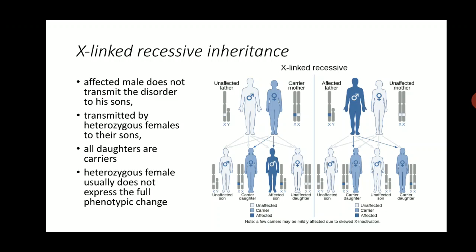On the right hand side, the scenario is that the father is affected. That means his X chromosome is abnormal, he has a normal Y. The mother is unaffected. That means both her X chromosomes are normal. The boy of the next generation will get the X chromosome from the mother, so all boys will be normal.